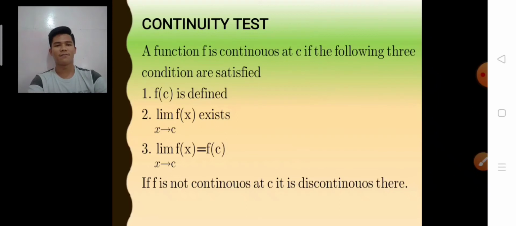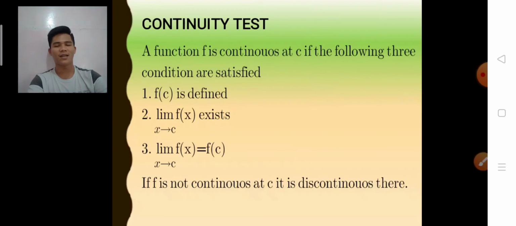In condition number two, the limit as x approaches c of f of x must exist. In condition number three, the limit as x approaches c of f of x is equal to f of c.